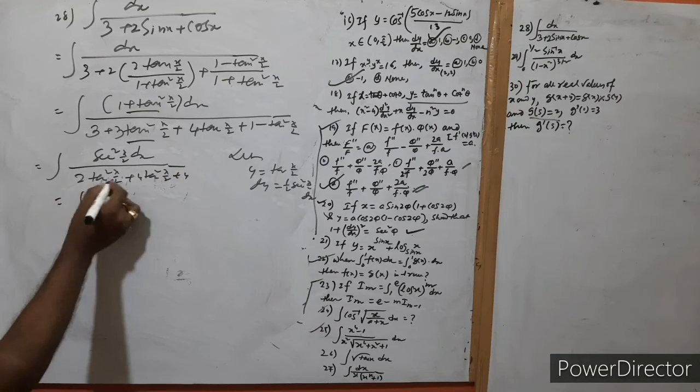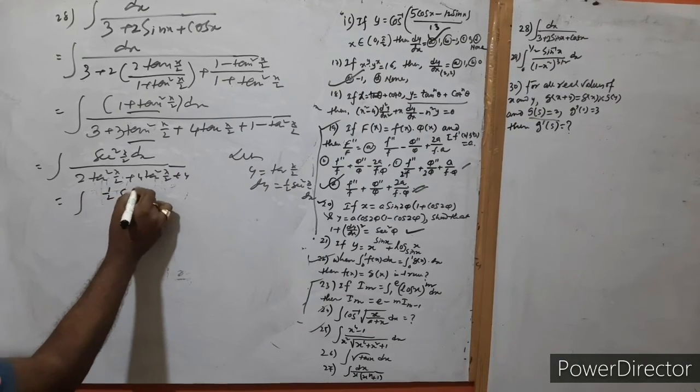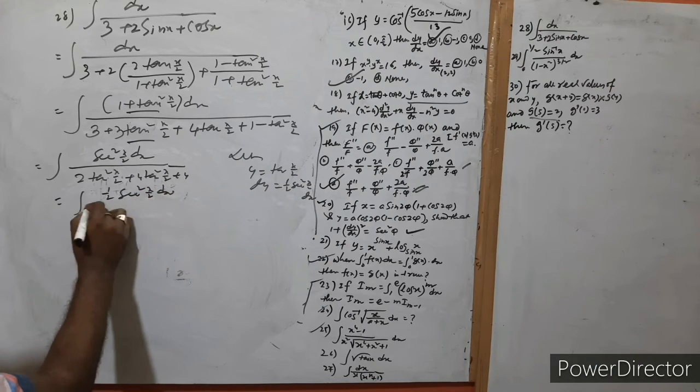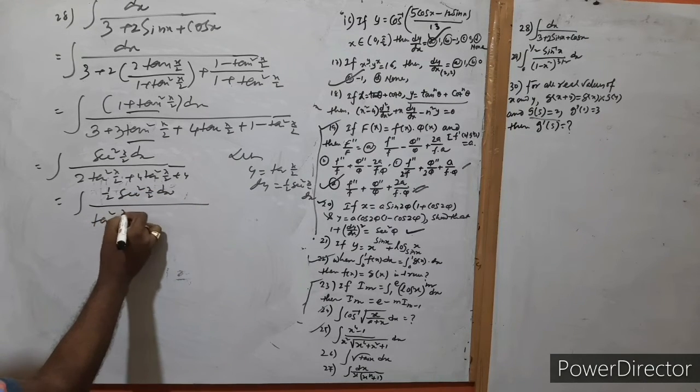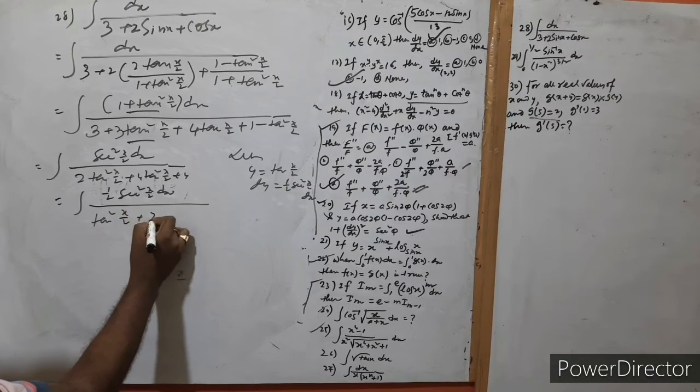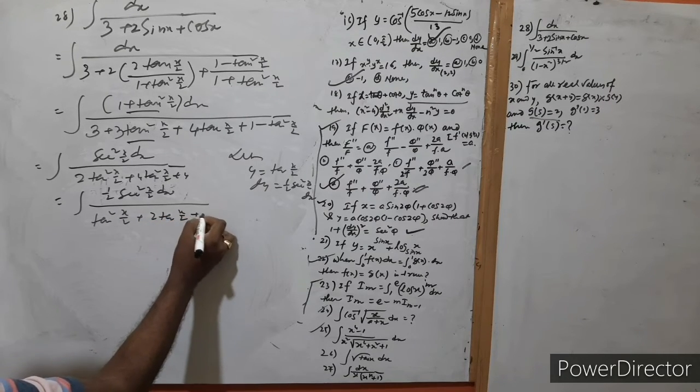If we take a common half, then we get half sec square(x/2) dx over tan square(x/2) plus 2 tan(x/2) plus 2.